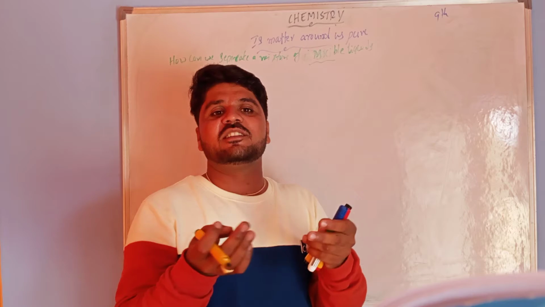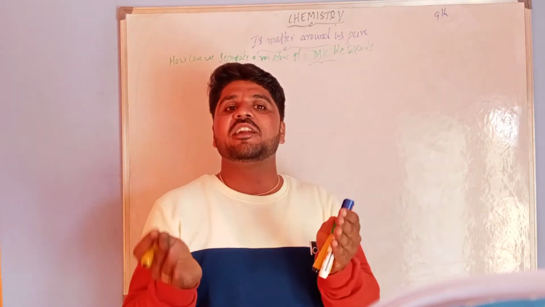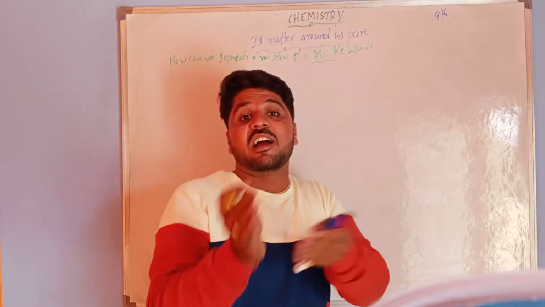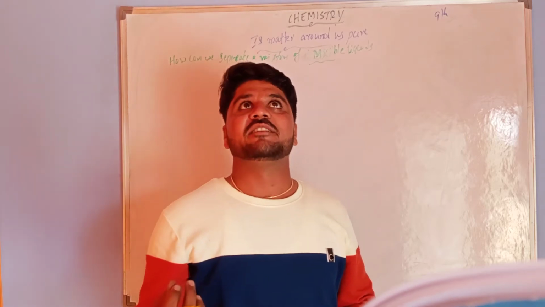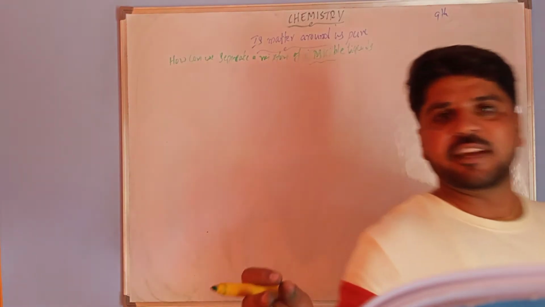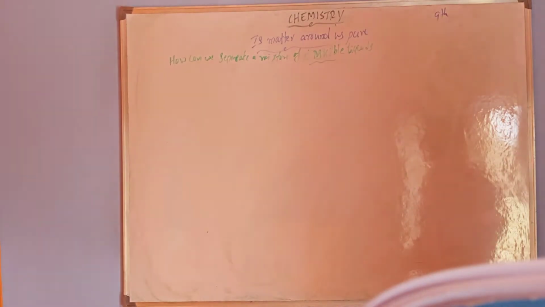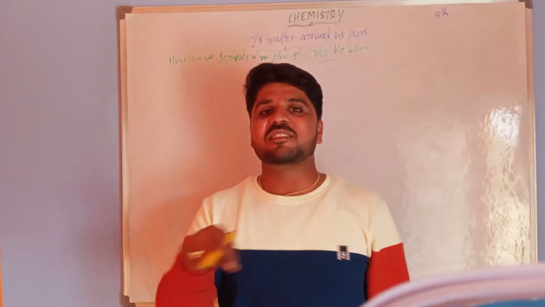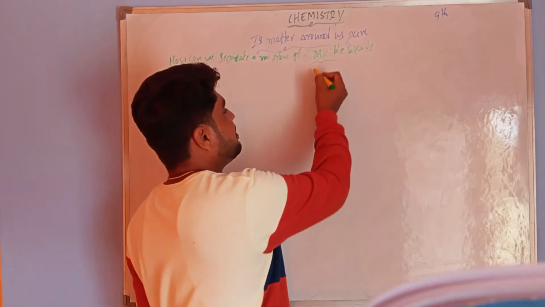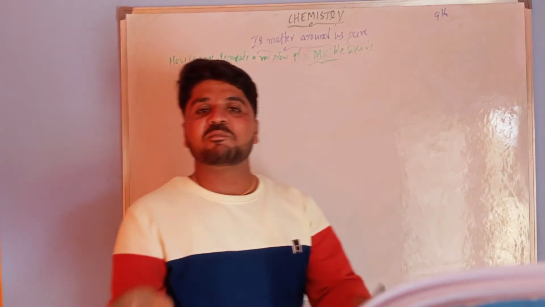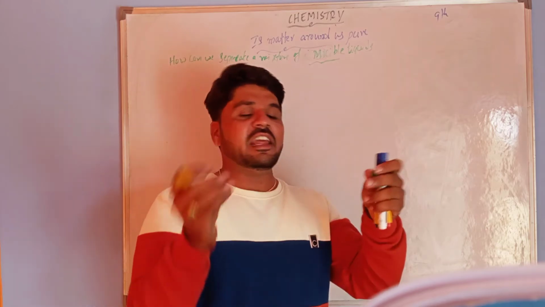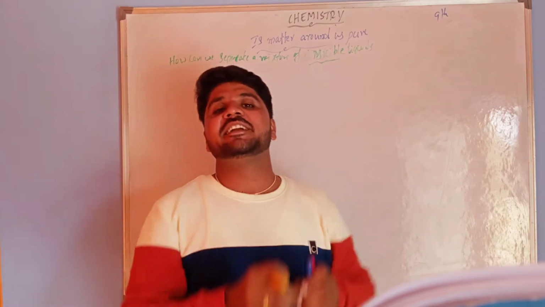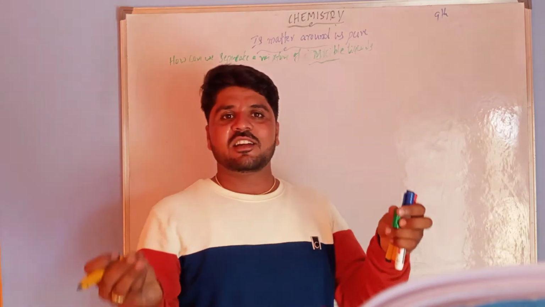Immiscible, as I already told, means one liquid cannot dissolve in another liquid. That means it forms layers. Miscible means the liquids completely dissolve in one another. If you mix the liquids, they will completely dissolve, like water and milk.